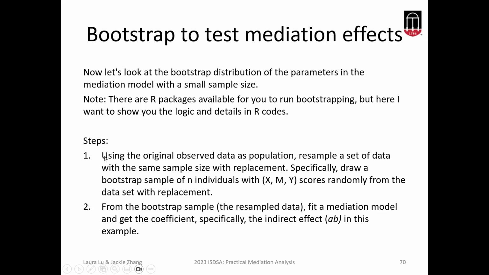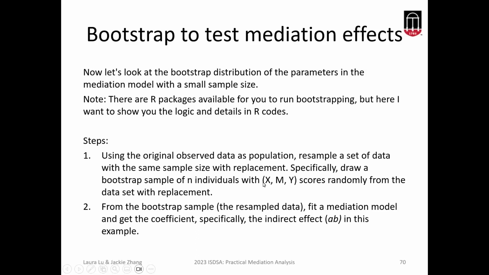First step, we have the original raw data, the original observed data. We treat that data set as our population, and then resample a set of data with the same sample size n, with replacement, from that observed data.